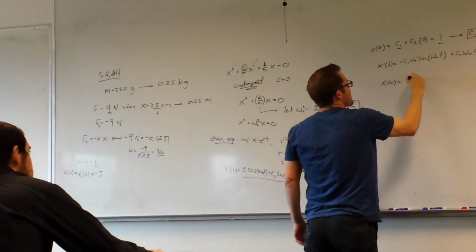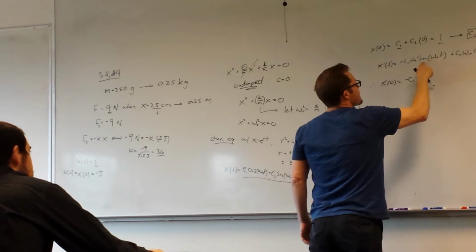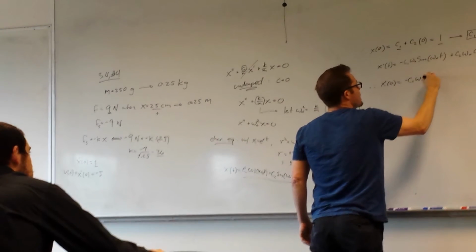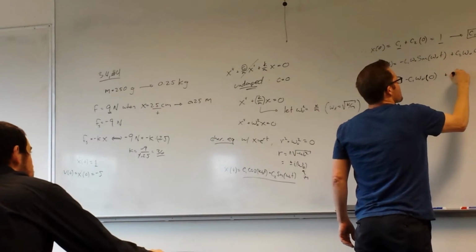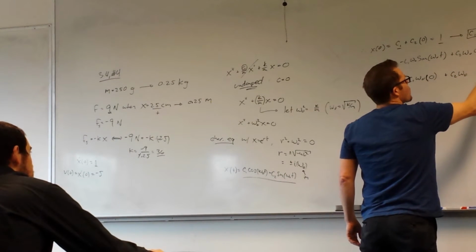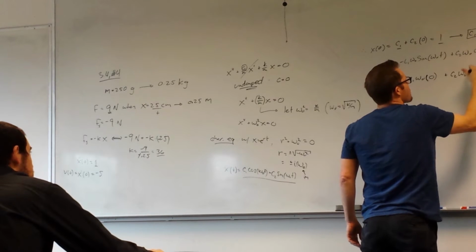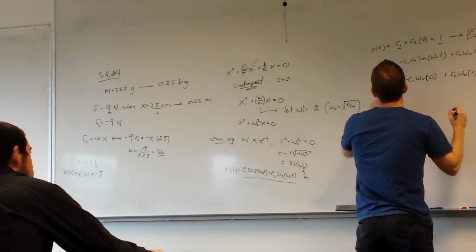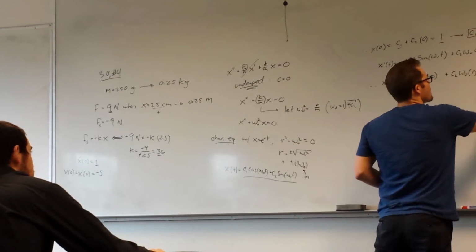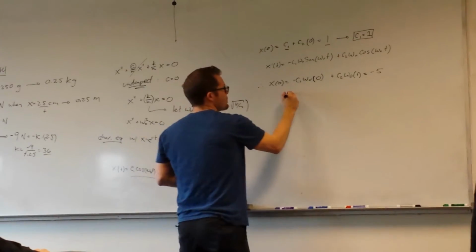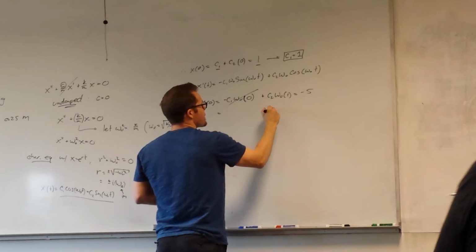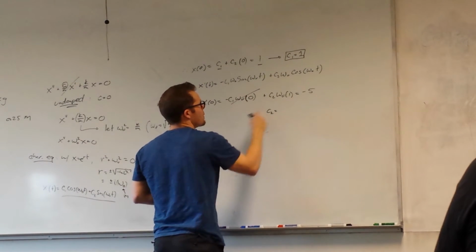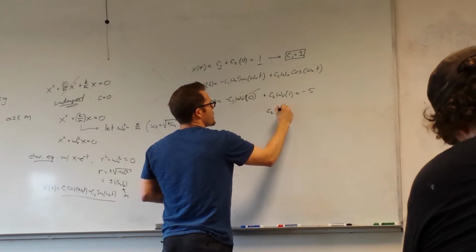This goes to 0: I get C1 omega naught sine of 0, which just gives me 0, so that all zeroes out. Plus C2 omega naught cosine of 0, and cosine of 0 is 1. And we know that x prime of 0 is negative 5. So we get C2 equals negative 5 over omega naught.